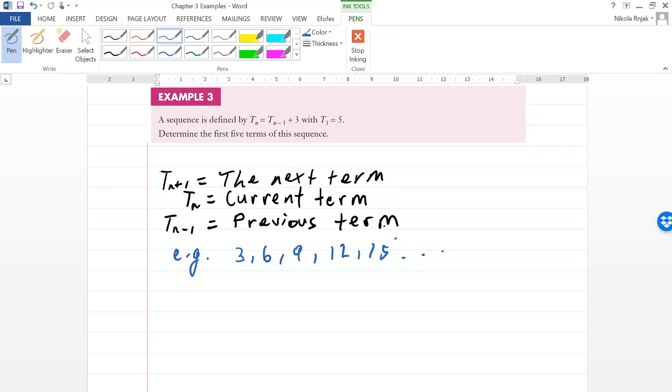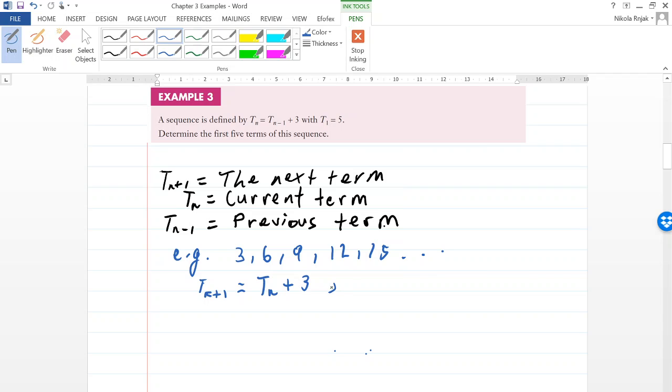So we could say that the next term, t of n plus 1, is equal to the current term plus 3. So we could write that as t of n plus 3. That's one way of writing this.